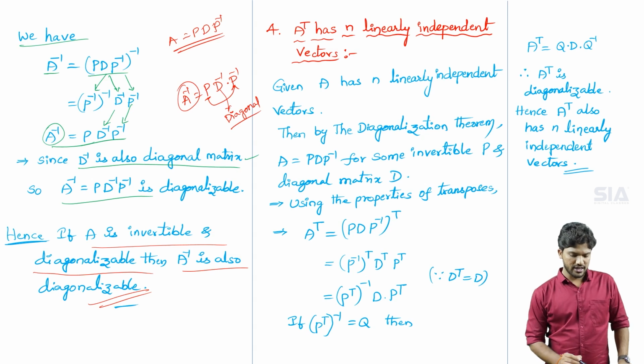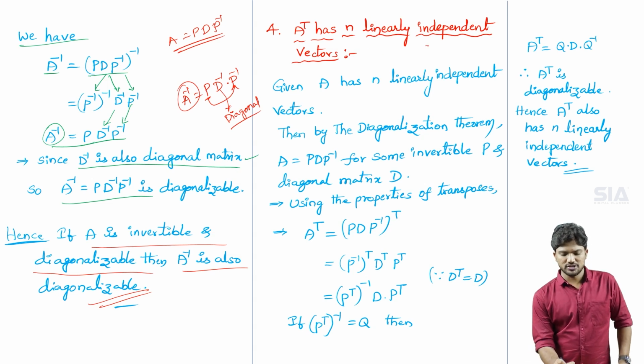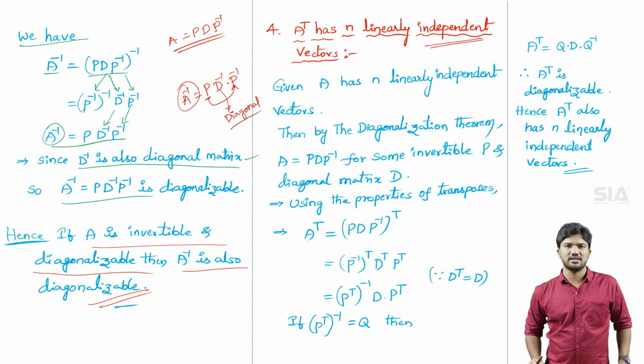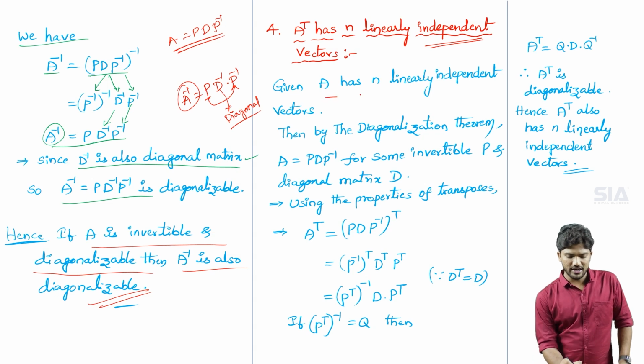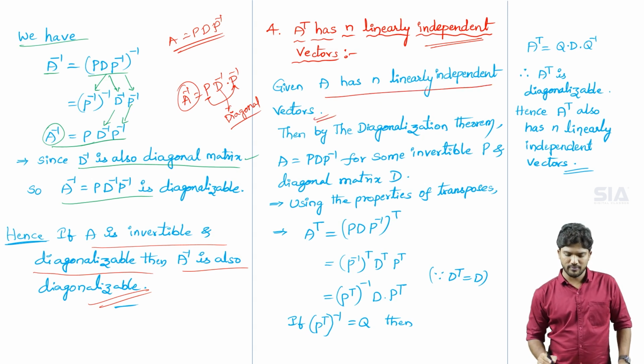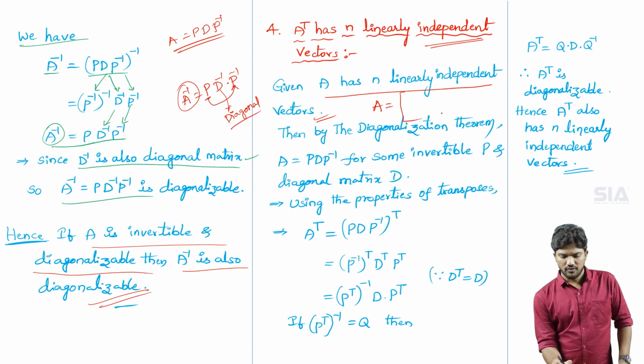Okay, so that is the next, fourth condition: A transpose has linearly independent vectors. So see here, given capital A has small n linearly independent vectors. Okay, capital A matrix is there, for that matrix there are small n number of eigen vectors.